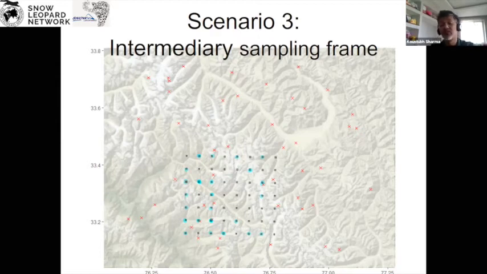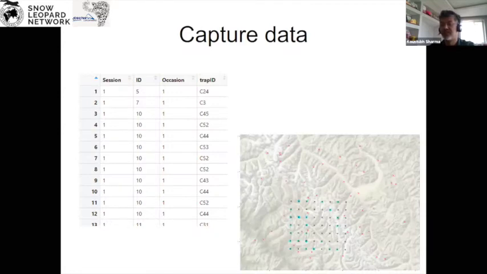If you look for a design like this, then you might end up with a data set which will look something like this. For each snow leopard that has been captured on a certain camera, that is reported here. Snow leopard number 5 has been captured on camera 24.